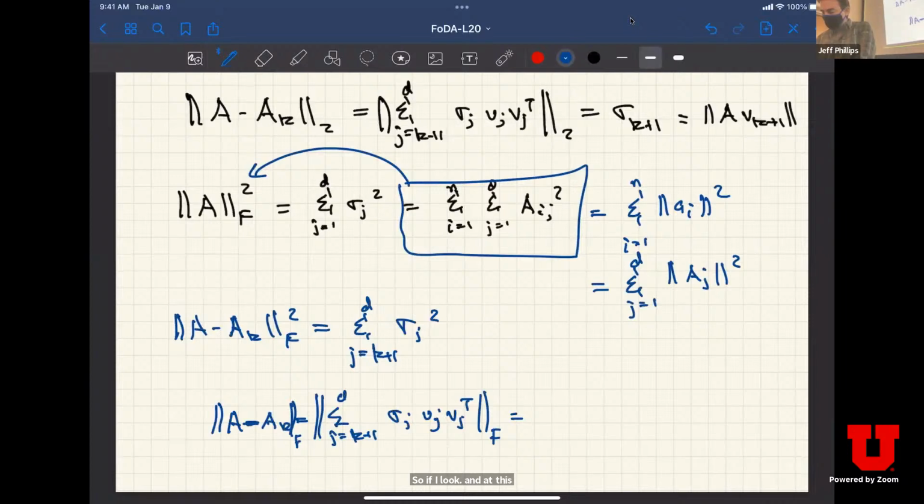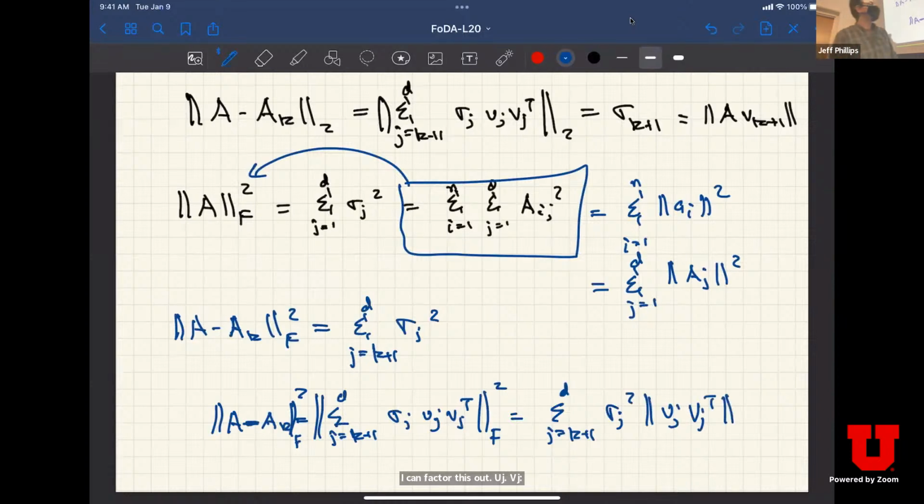Let's do the squared norm: the sum from j equals k plus 1 up to d of sigma j squared. I can factor out u_j v_j transpose, and it turns out the Frobenius norm of this is equal to 1.